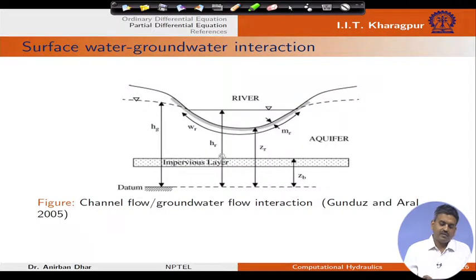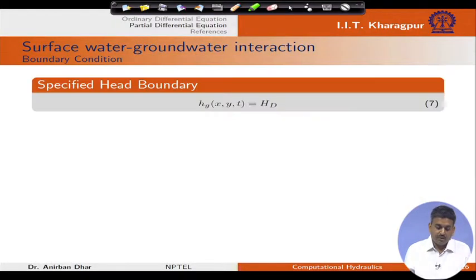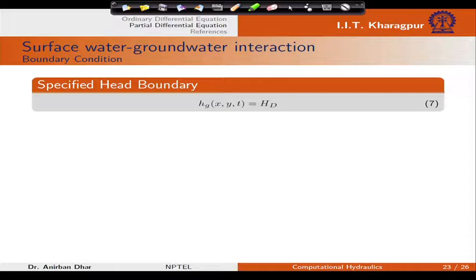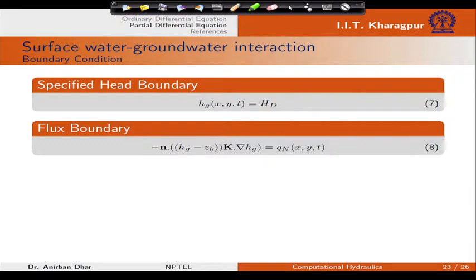We have these Hg, Hr values for either river or groundwater system. The interesting point is that in this groundwater equation solution, we can either specify Hg or groundwater head value as a specified head boundary, and there can be situations where we can define it as a flux boundary.